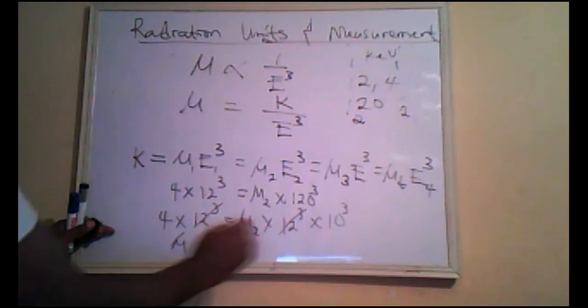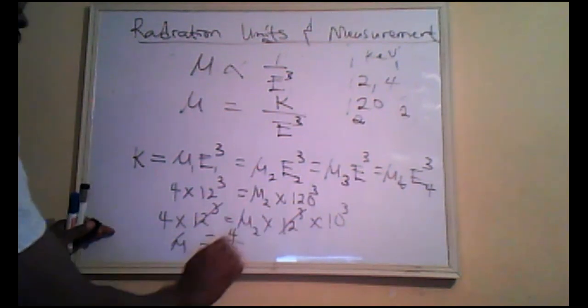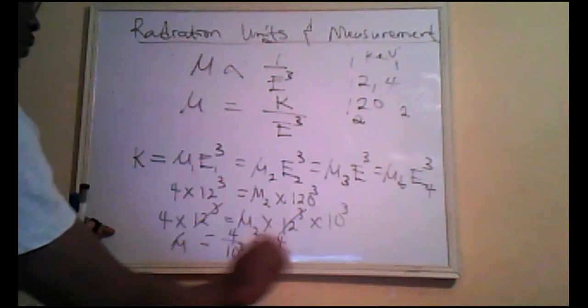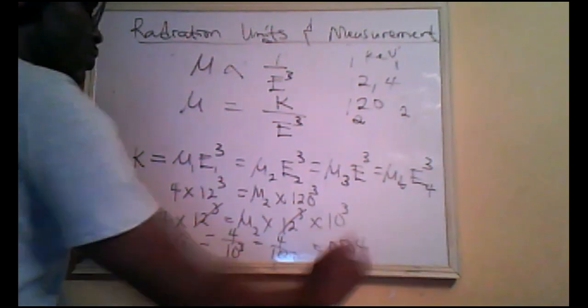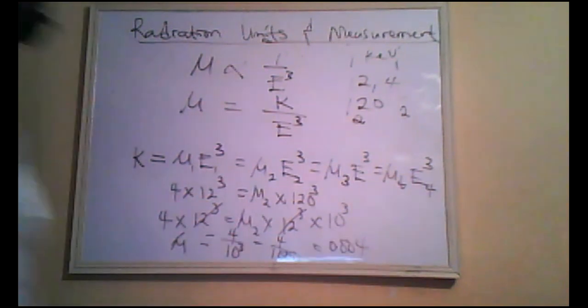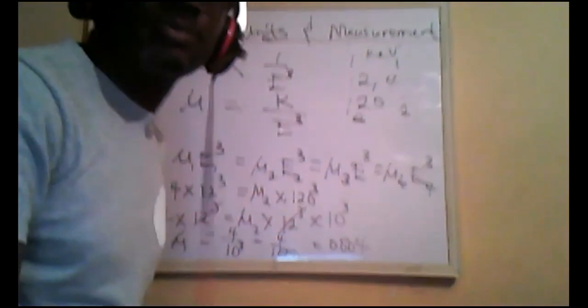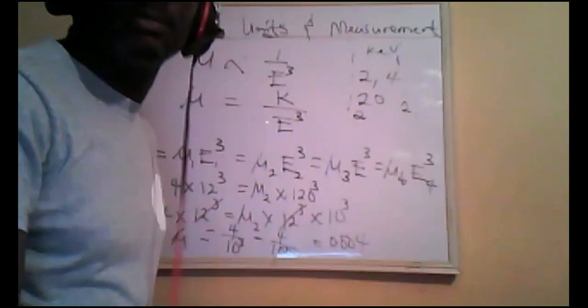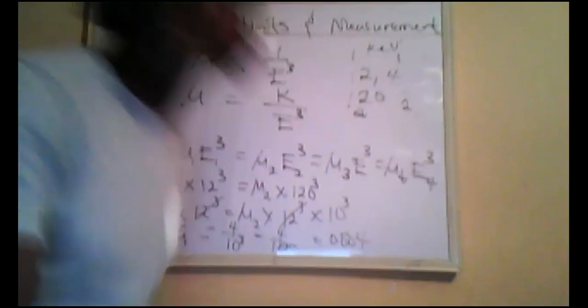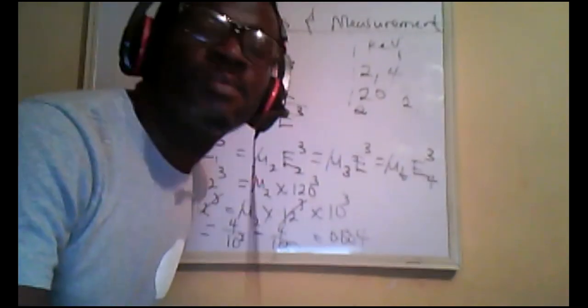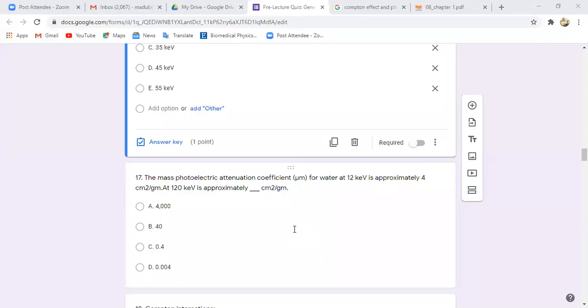We now have 4 over 10 raised to the power 3, that's 4 over 1,000, which is 0.004. Let me share the screen again. So we have 0.004 centimeters squared per gram.